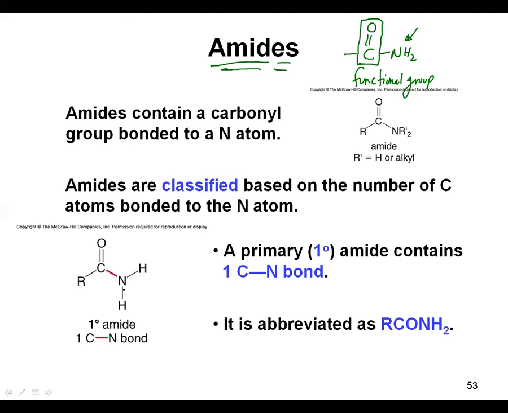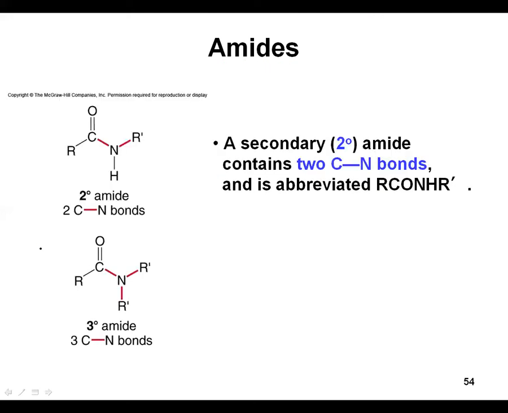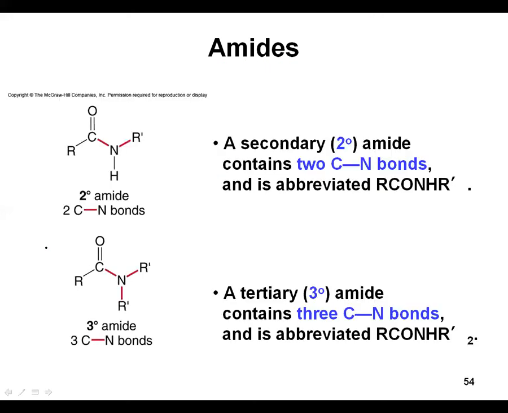Same idea here. This nitrogen is attached to one carbon, so that is a primary amide. A secondary amide would have our nitrogen here attached to one carbon here. And remember, this R group is also a carbon group.